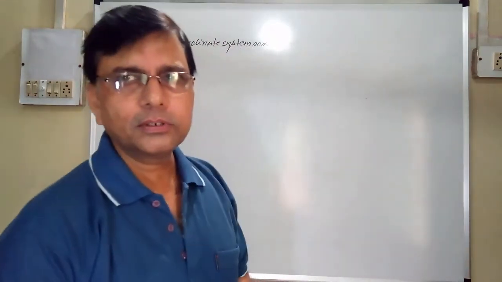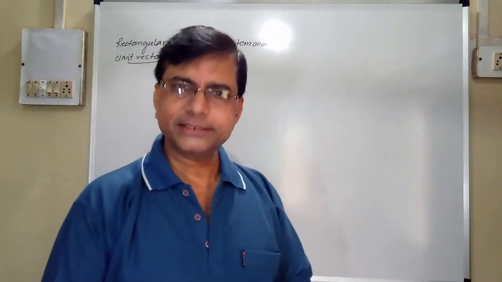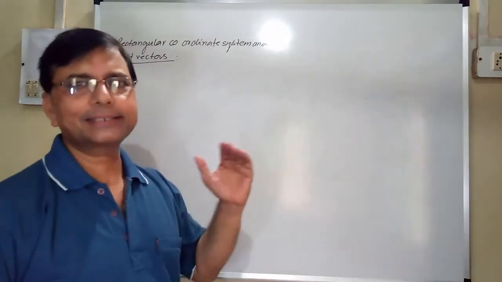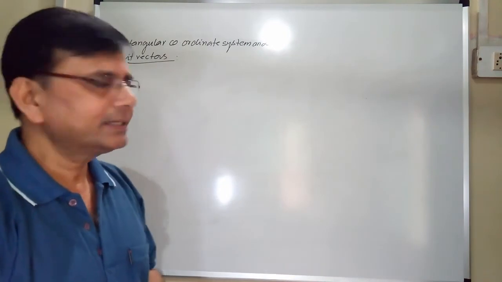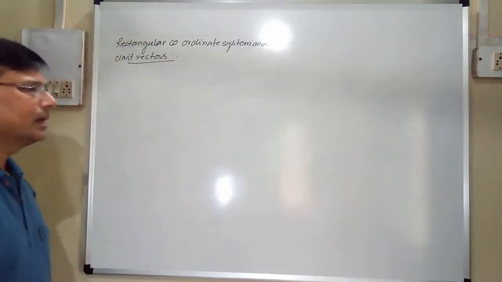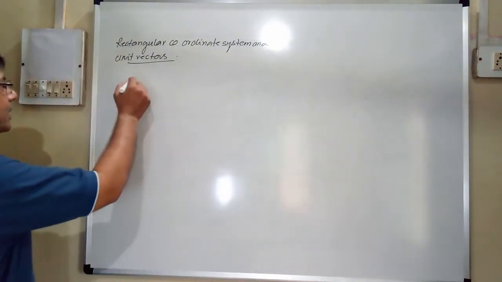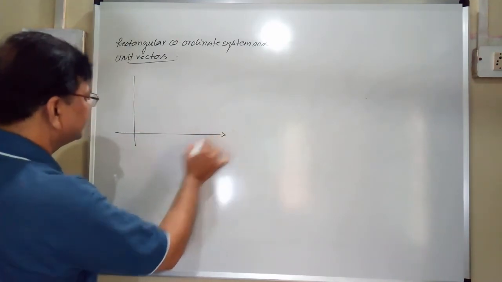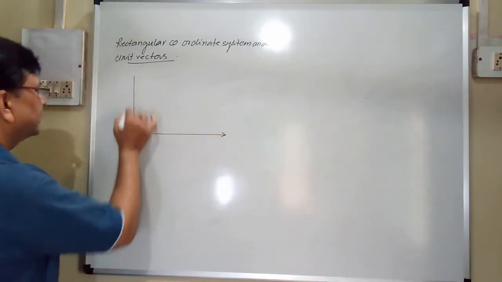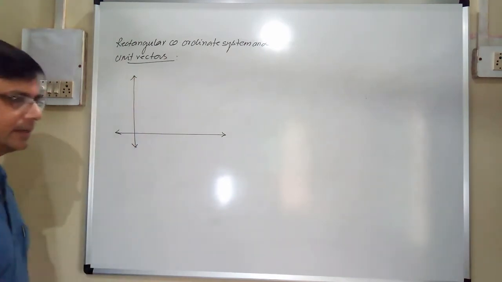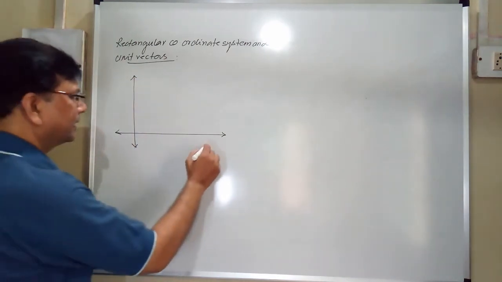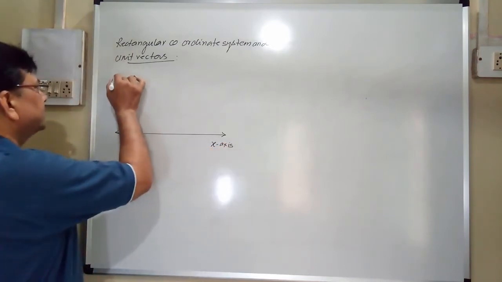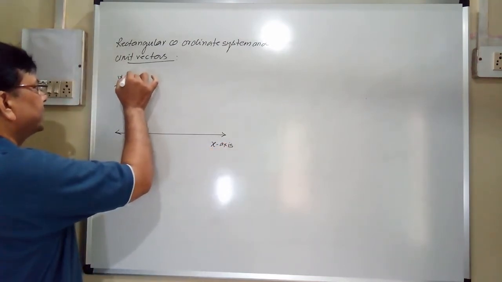Now we will talk about the rectangular coordinate system and the unit vectors along the axes of the coordinate system. We will draw coordinate axes. This is the x axis and this is the y axis.